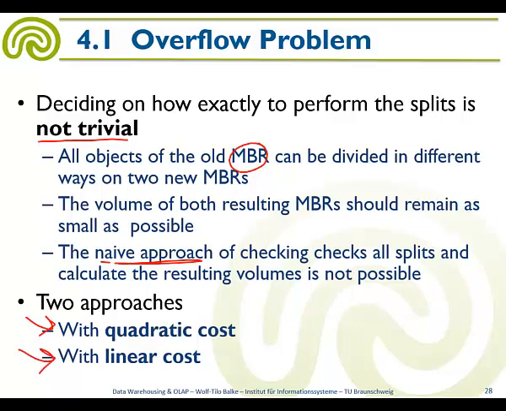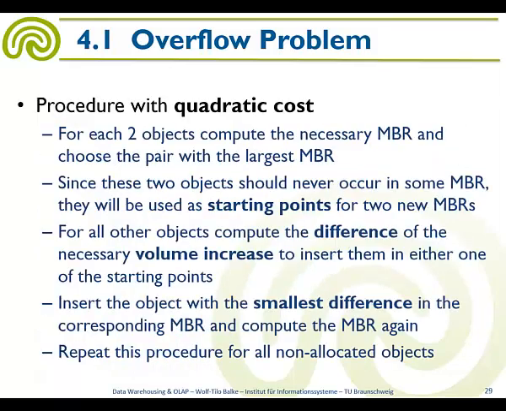We have here 2 different techniques. One is quadratic cost, so better than a naive approach with this exponential cost. And we also have a better one with a linear cost. So doing this naive way of trying all the different splits is out of the question, and you should not do that.